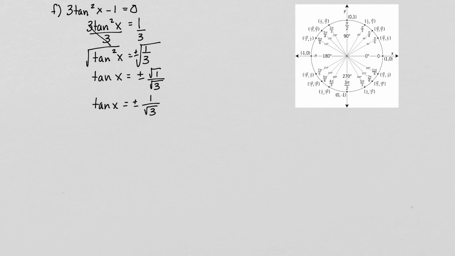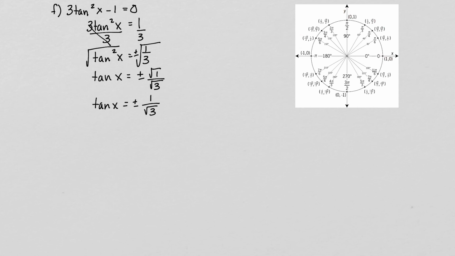So again, I think I said this when we were doing the inverse trig functions, but you can go through all of these points here and do y divided by x, y divided by x, y divided by x, y divided by x, to figure out what the values of the tangent are on this whole entire unit circle, right?